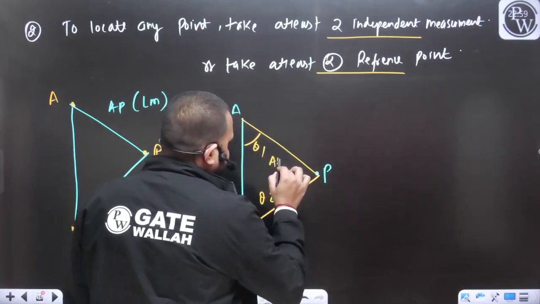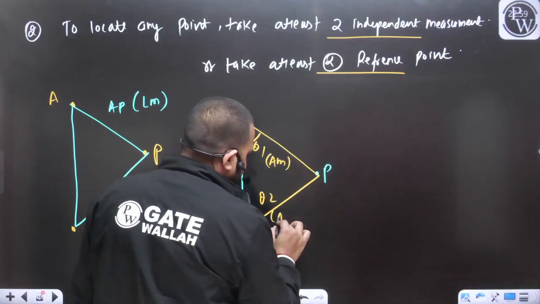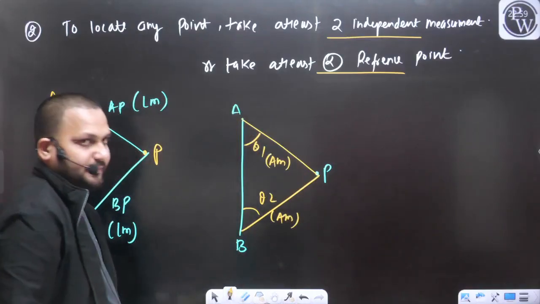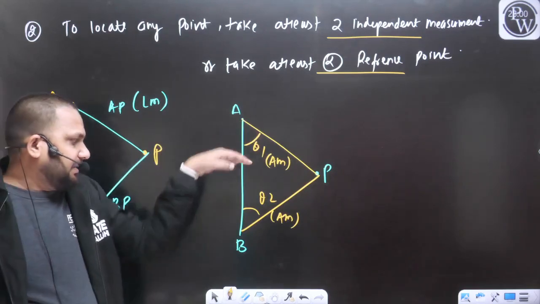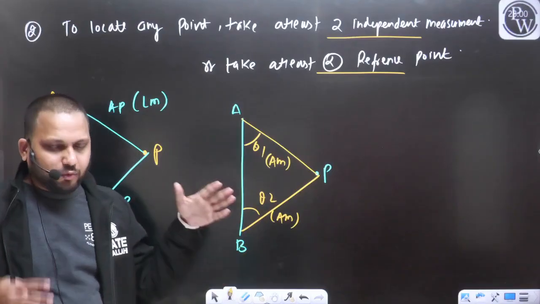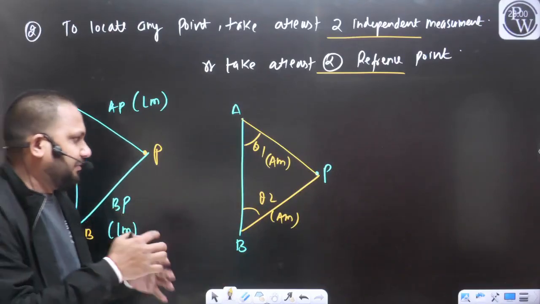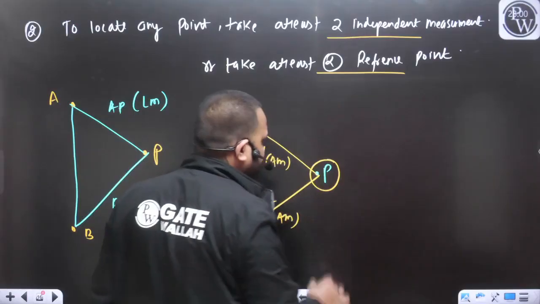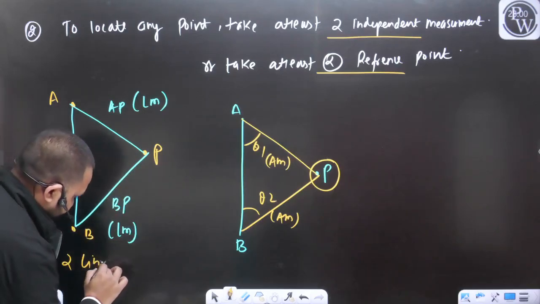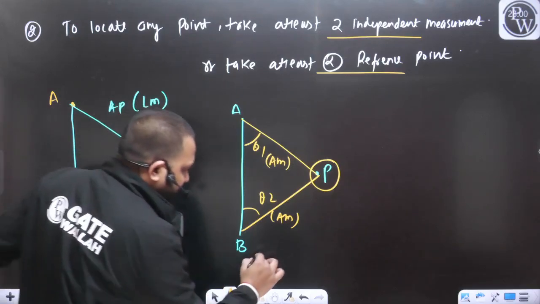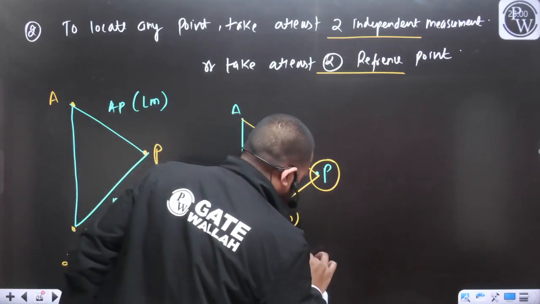Can I say this is an angular measurement and this is also an angular measurement? From A the angle theta1, from B the angle theta2, the intersection point will represent the position of the point P. Here we have performed 2 linear measurements. Here we have performed 2 angular measurements.